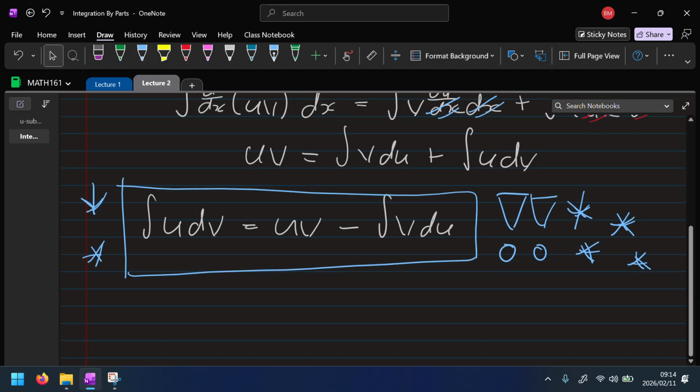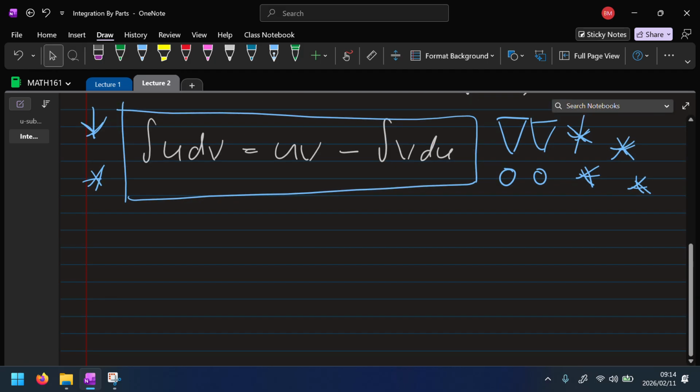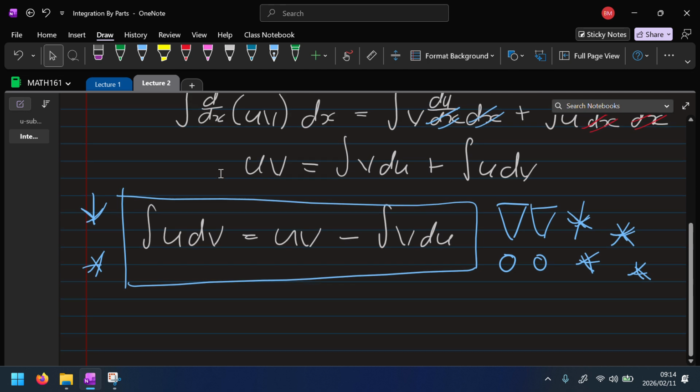So integral u dv equals uv minus, and then we swap the u and v. So it becomes v du. Okay. Again, please memorize that. So this is the integration by parts formula, and it's used when we have integrals where we have a product of two functions.